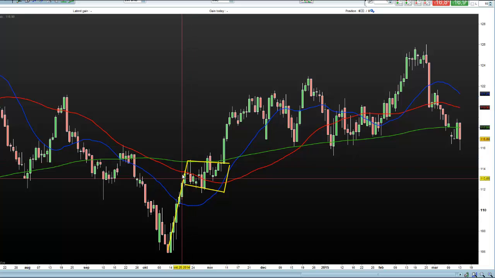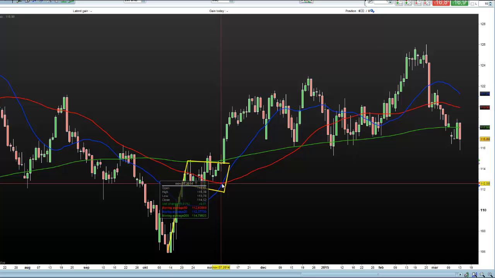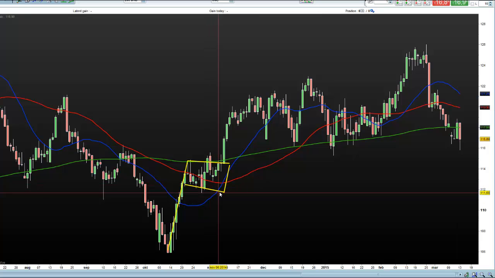And we go sideways until the 20. In this case, it might be hard to call because it's a bit away from the actual price action, but the 20 comes up and helps us go through the 200, and we're off.